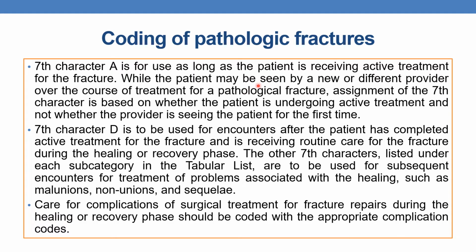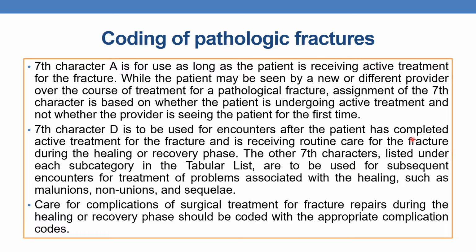The patient is receiving active treatment. Until the patient is receiving the active treatment, you need to always code seventh character A, which is nothing but initial encounter. Coming to seventh character D, it must be used for encounters after the patient has completed active treatment for the fracture and is receiving routine care for the fracture. That is simply the healing or recovery phase. D indicates routine healing.